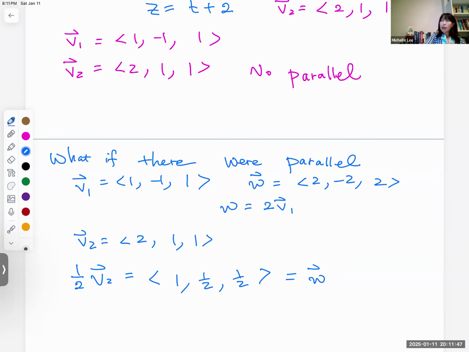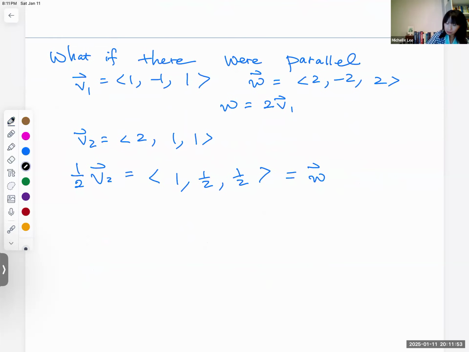All right, let's show whether they are intersecting or not.